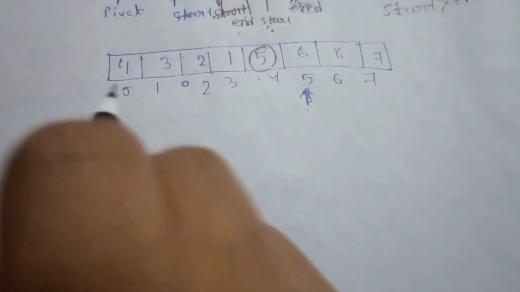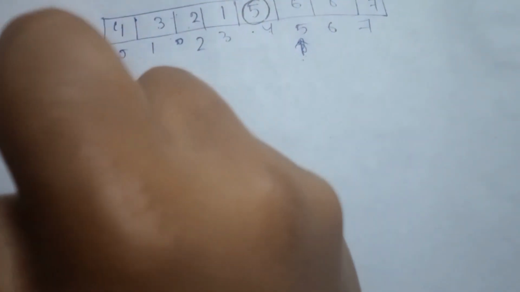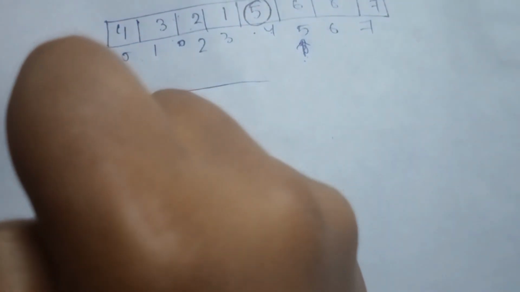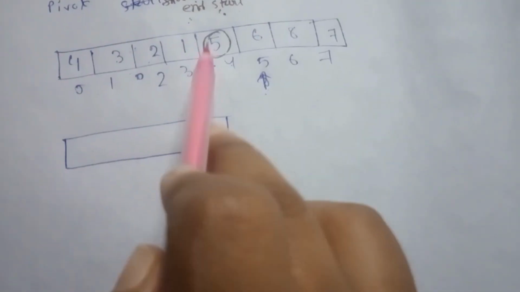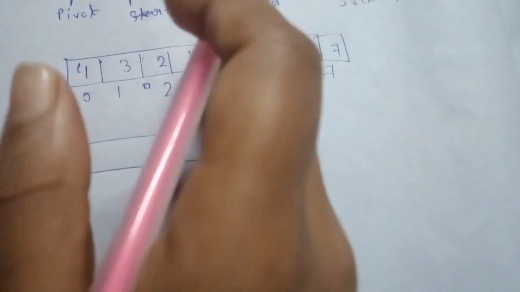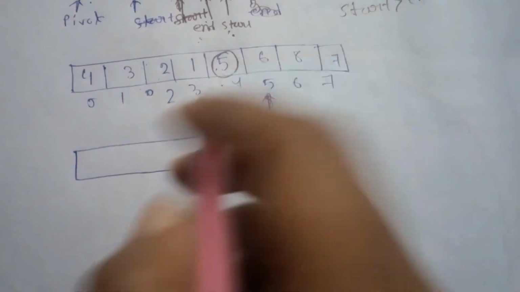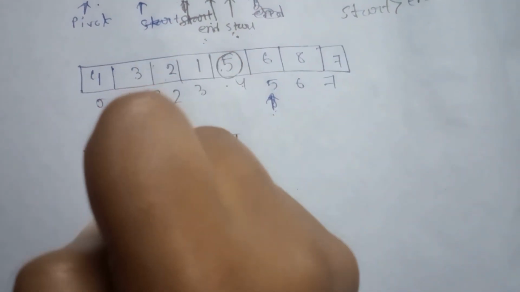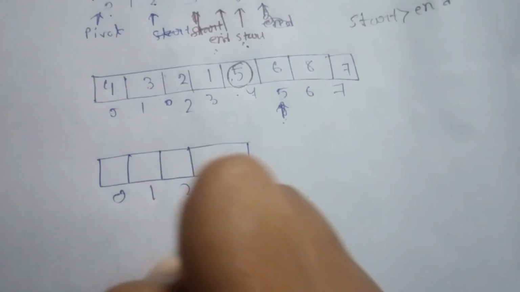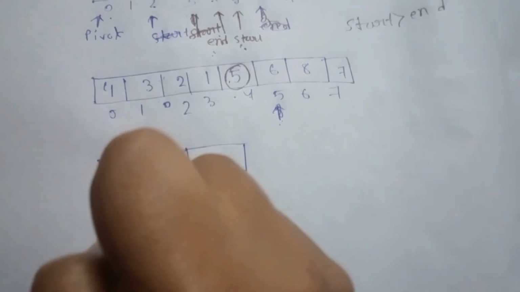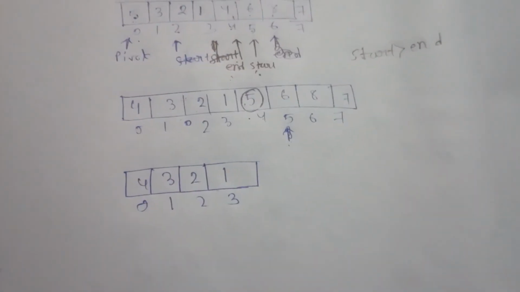Now again, the left side of the pivot element is one partition, and the right side of the pivot element is another partition. 4 3 2 1.